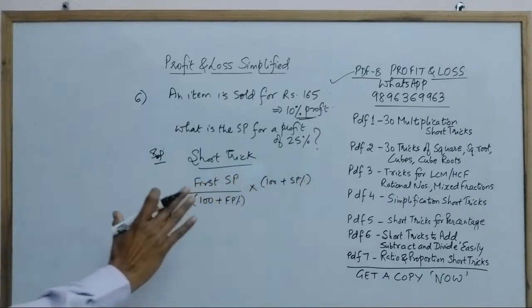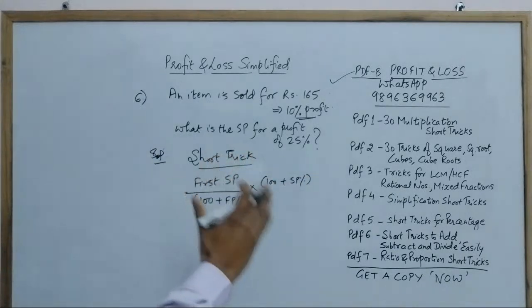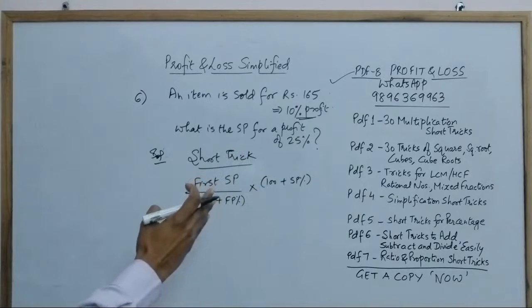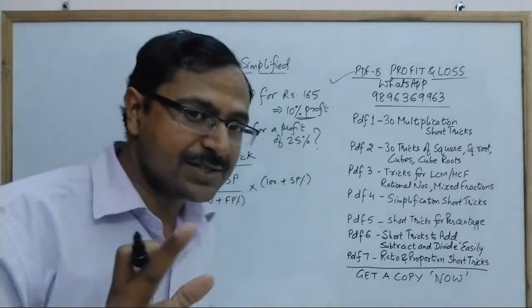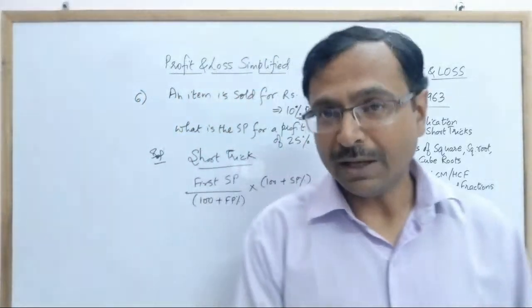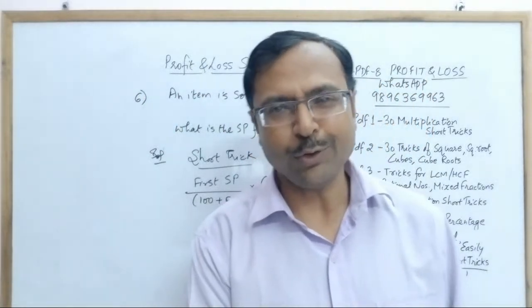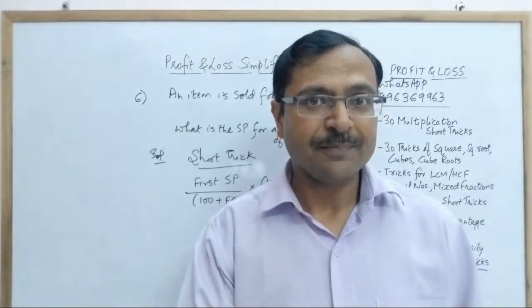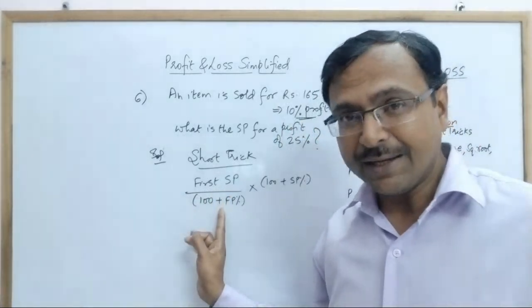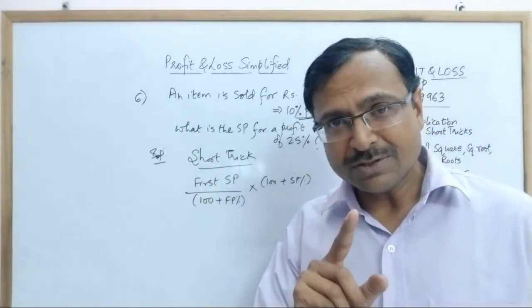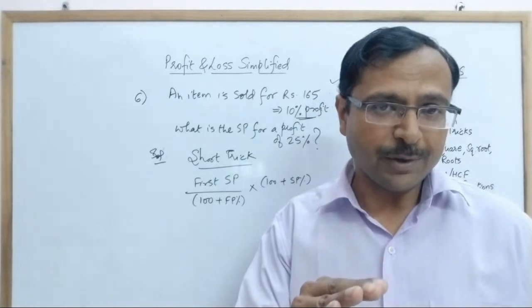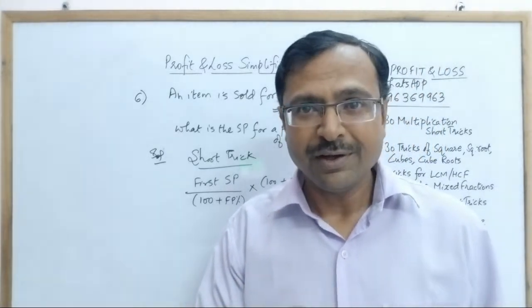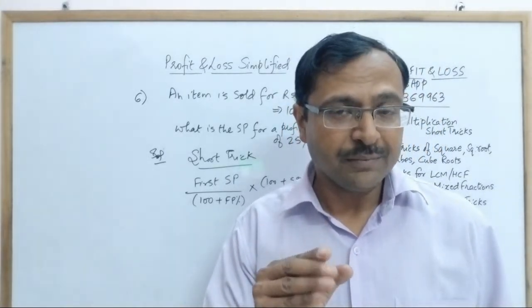Now this is the shortest possible method of solving this, but mind you friends, one very important thing which I have been telling you in profit and loss questions over and over again: if there is loss then it will be a negative sign in between. Wherever there is loss it is to be subtracted from 100. Whenever there is profit it is to be added to 100.